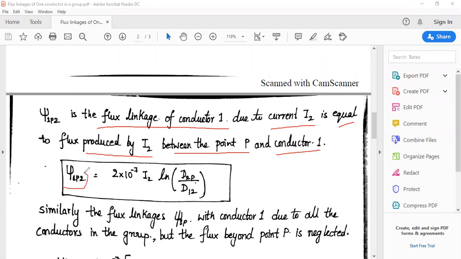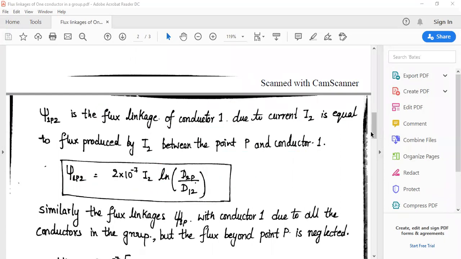So phi 1P2 is given as 2 into 10 power minus 7 into I2 into ln of D2P divided by D12. That is the flux linkage of conductor 1 due to the current I2 alone.